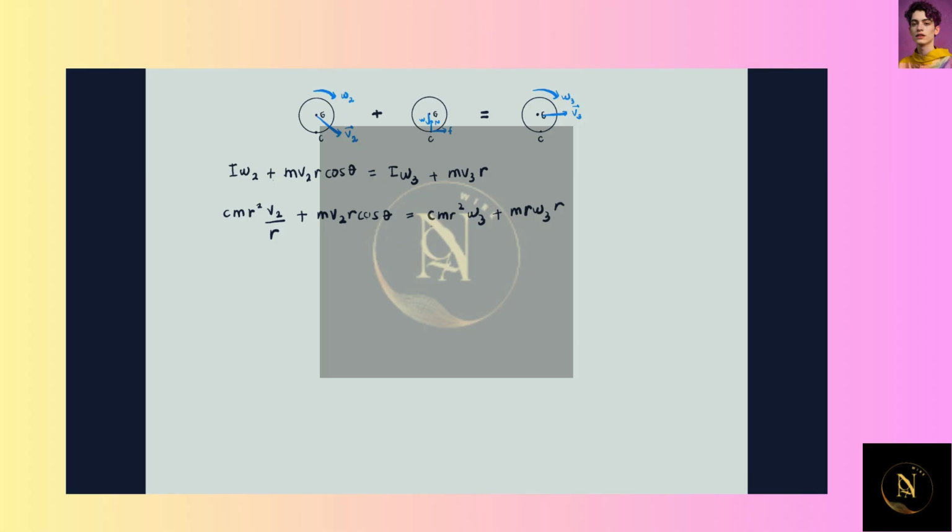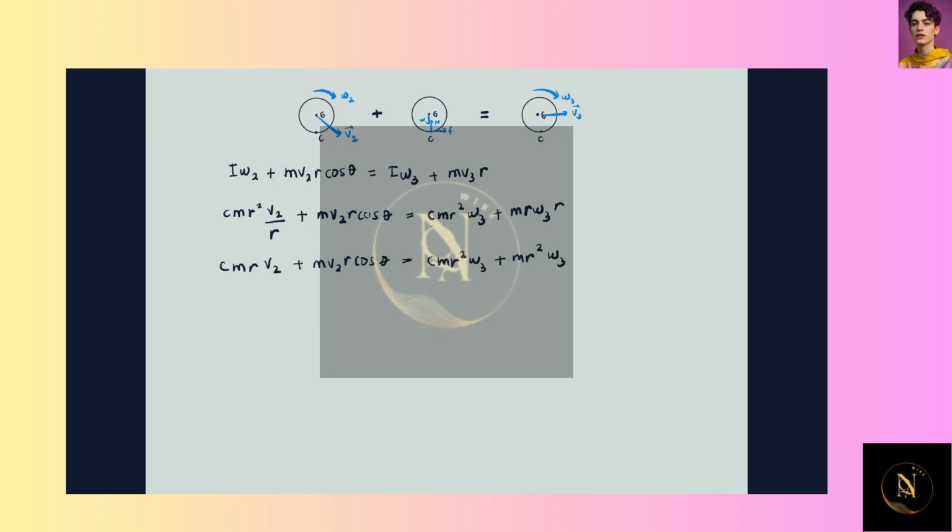Simplifying, this becomes c m r v sub 2 plus m v sub 2 r cosine theta equals c m r squared omega sub 3 plus m r squared omega sub 3.